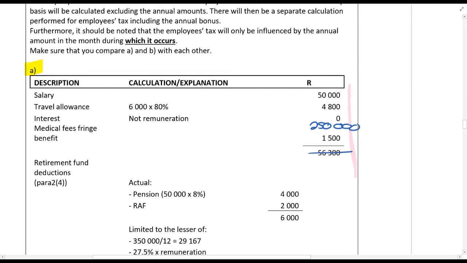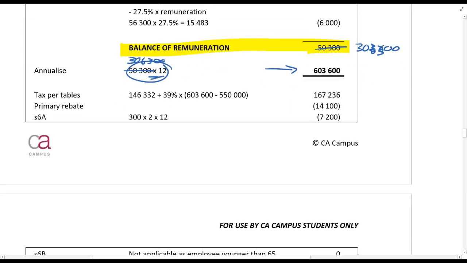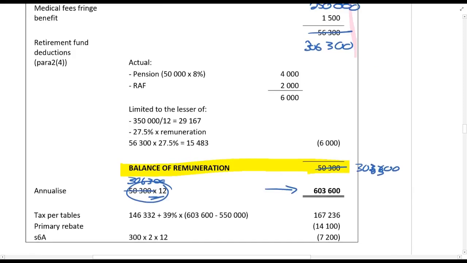Because then everything would now be 250,000 more expensive, higher. Okay, so let's say 306,300. Because then over here, if you do that, you're going to multiply that 250,000 rands bonus by 12 as well, which doesn't make sense because you only received it once in the year. So you can't do that.